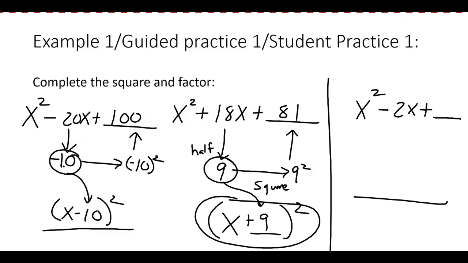Okay. So, Shamani, what did you get for here? Jedrick, what did you get for here? Really? Okay. Matt, did you get some time? Yeah? Okay. So you take half of the middle number, which is negative 1, and then you square it, and that's just 1.